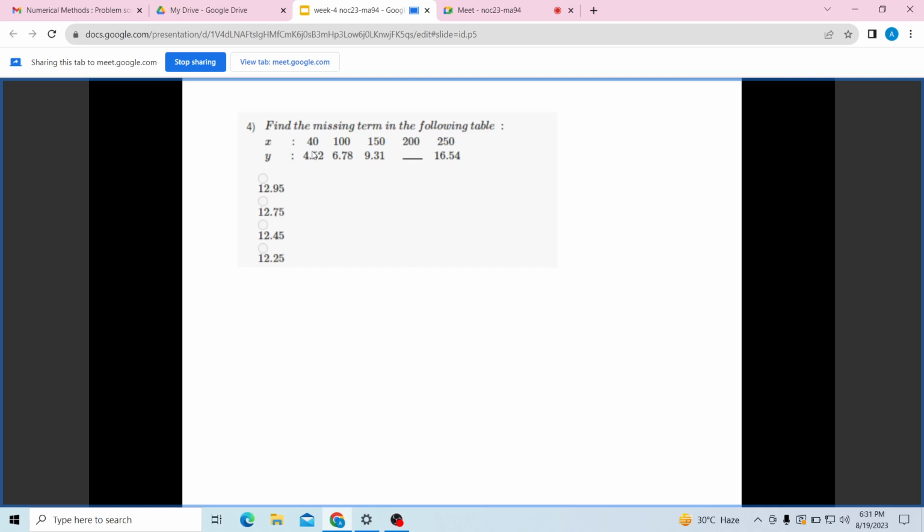So at 40 the value of y is 4.52, at 100 it's 6.78, at 150 it's 9.31, at 200 you have to calculate it, and at 250 it's given 16.54. So you have to calculate at x equals 200 what the value of y is. Is it 12.95, 12.75, 12.45 or 12.25?